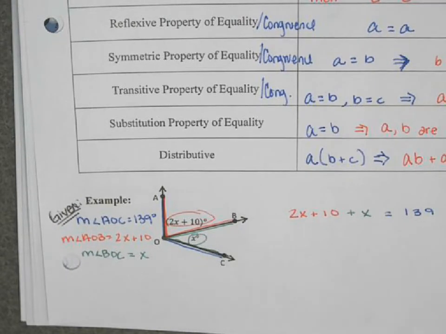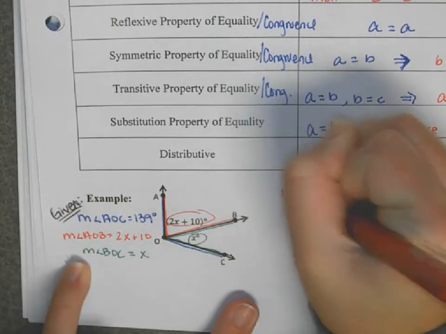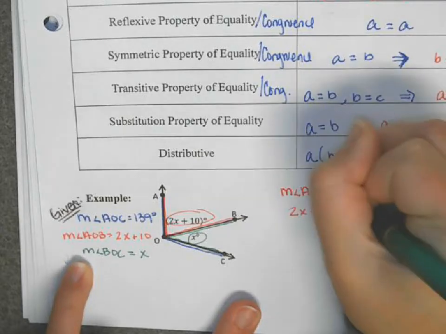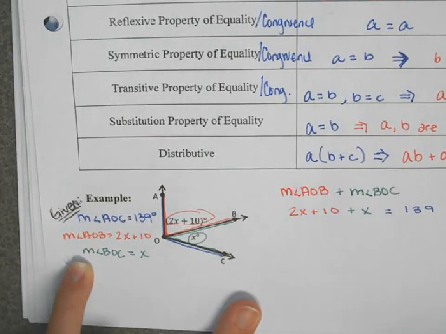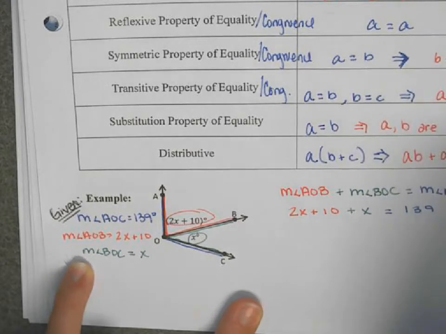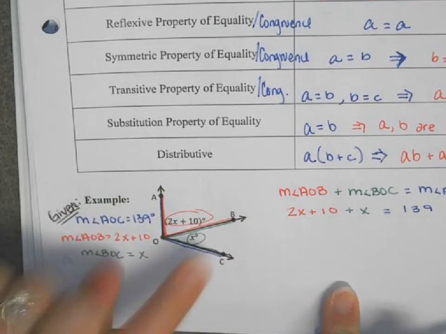You could have even done one step before that and labeled it: the measure of angle AOB plus the measure of angle BOC is equal to the measure of angle AOC. AOB plus BOC is equal to AOC.